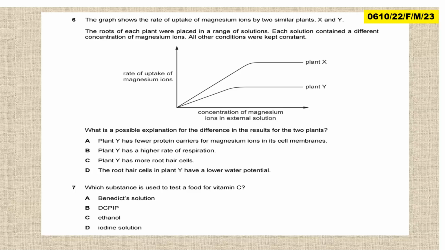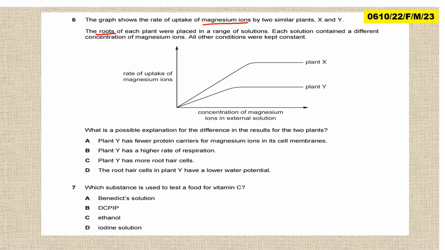The graph shows the rate of uptake of magnesium ions by two similar plants, X and Y. The roots of each plant were placed in a solution. Each solution contained a different concentration of magnesium ions. All other conditions were kept constant.